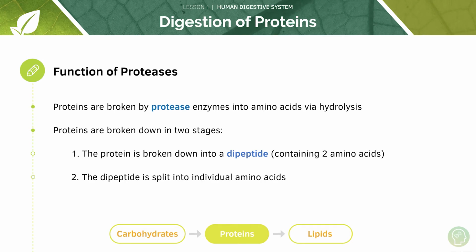So proteins, like carbohydrates, are also broken down in two stages. First of all, the protein is broken down into a dipeptide, which contains two basic subunits, and the basic subunit in a protein is the amino acid, and the dipeptide is then split into individual amino acids.